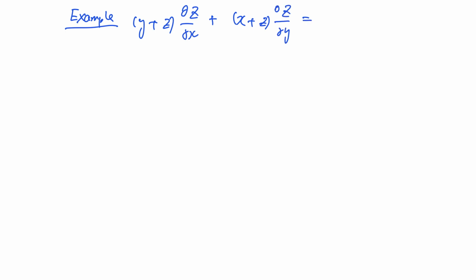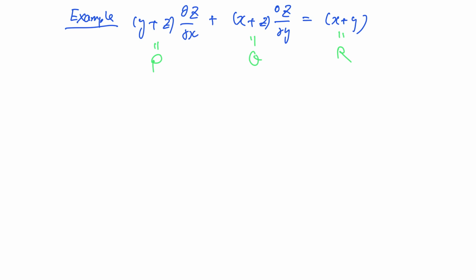So let's do some example. (y plus z) partial x partial z plus (x plus z) partial y partial z is x plus y. So this is P, this is Q, this is R, right?